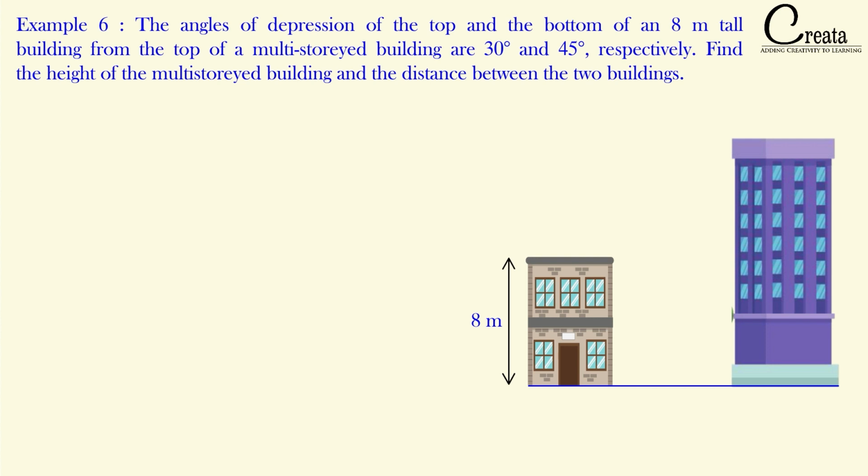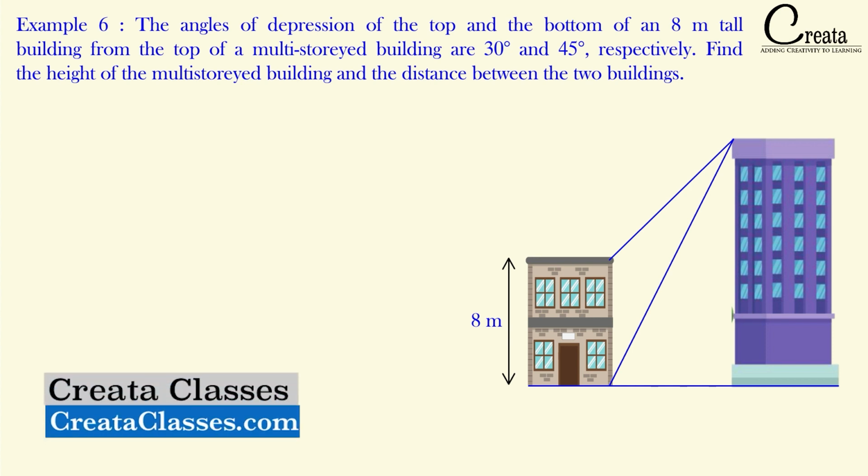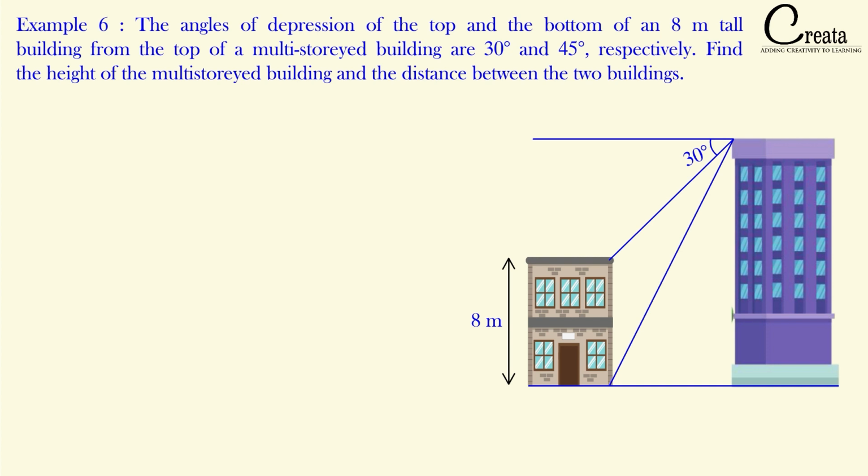It means from the top of this multi-story building, we are looking downward toward this small building. We are looking at 2 points. Firstly, we are looking at the top of that building, and secondly, we are looking at the bottom of the building. When we are looking at the top of the building, the angle of depression formed is 30 degree. And when we are looking at the bottom of the building, the angle of depression formed is 45 degree.